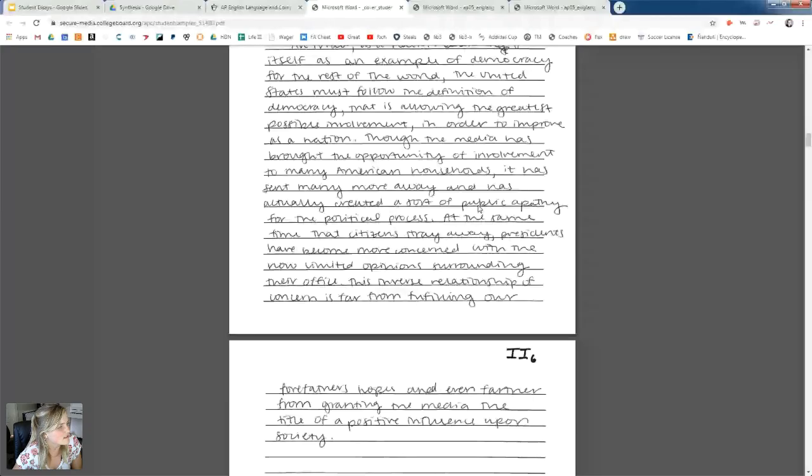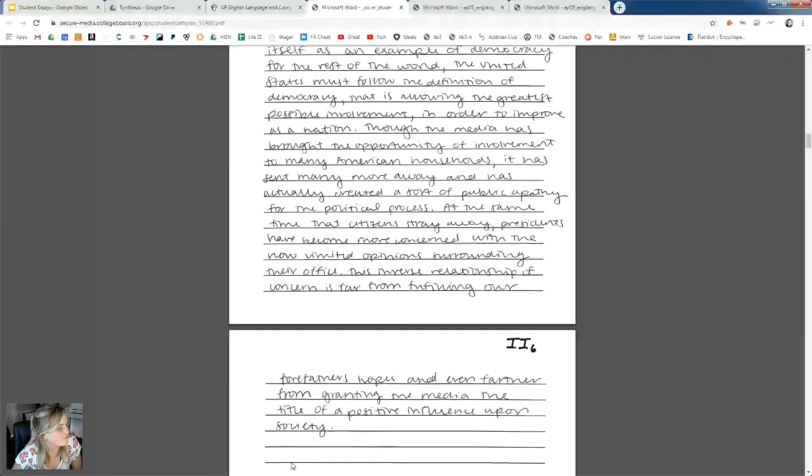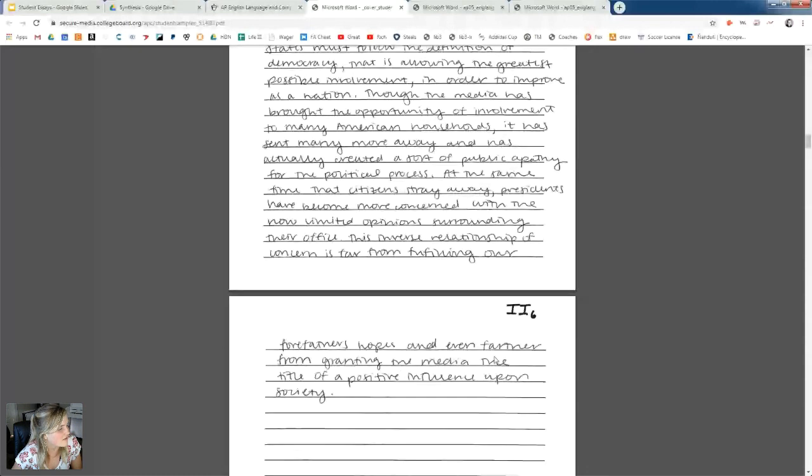At the same time, citizens stray away. Presidents have become more concerned with the now united opinions surrounding their office, now unlimited. This blank relationship can learn is far from fulfilling our own forefathers' hopes, and even firmer from granting the media the title of a positive influence upon society.